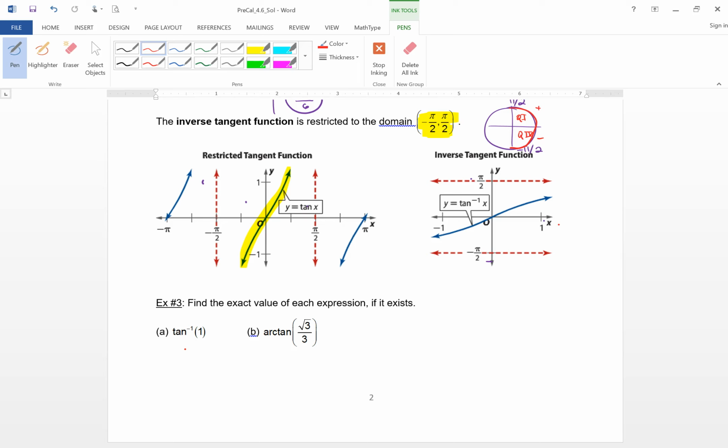Because it's root 2 over 2 over root 2 over 2. So this is going to be pi over 4. And since this is positive, it's going to be in quadrant 1. Okay, so what's tangent of pi over 4? 1. Okay? All right.